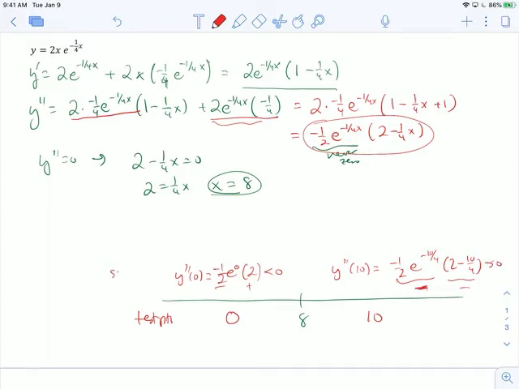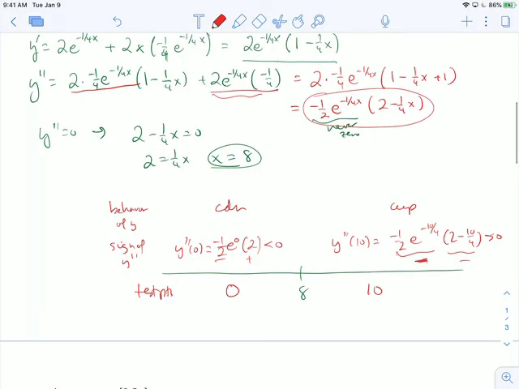So this is the sign of y double prime, and then I get the behavior of y. So looks like I was concave down here because the second derivative was negative. I'm concave up here because the second derivative is positive, and so I can summarize: y is concave up for numbers bigger than 8.